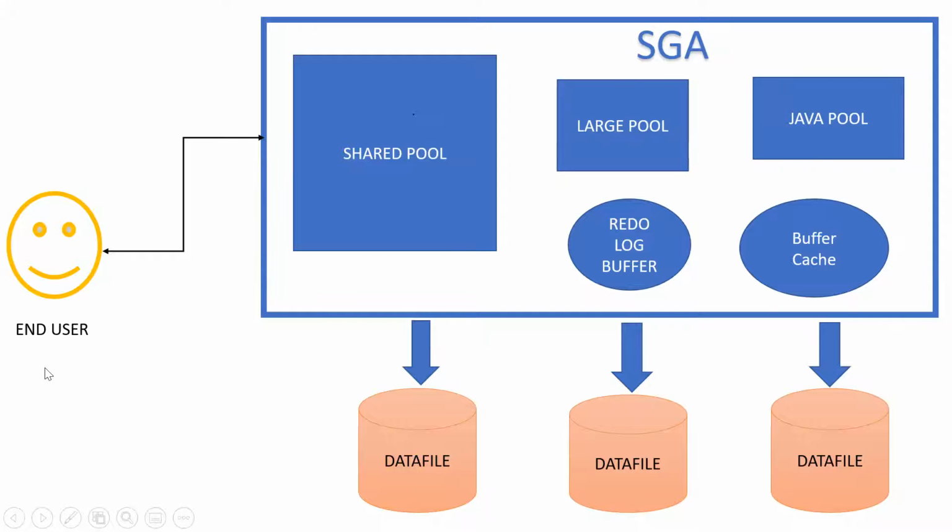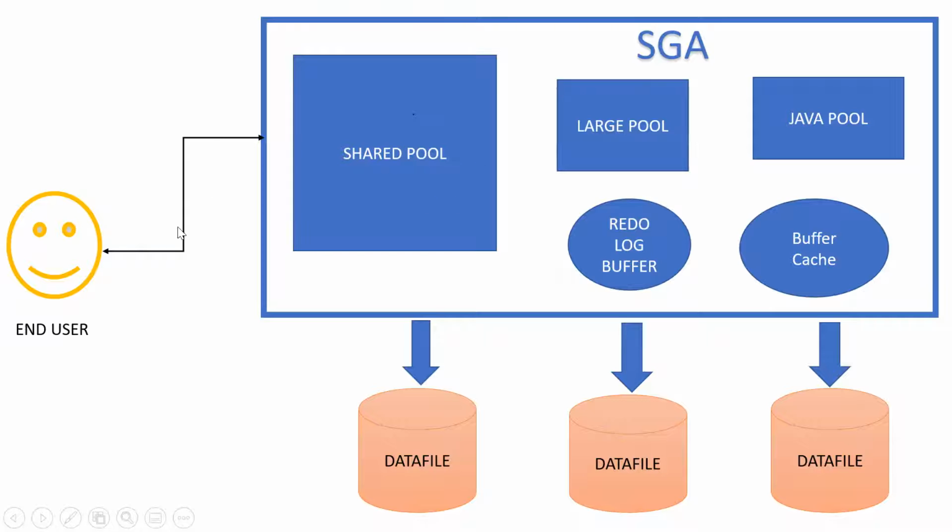Suppose he has fired a select query. That select query will first be looked up in the SGA to see if it is available, such as existing blocks in the buffer cache or the shared pool for your existing SQL IDs. If it exists, then it will definitely provide the output to the end user.